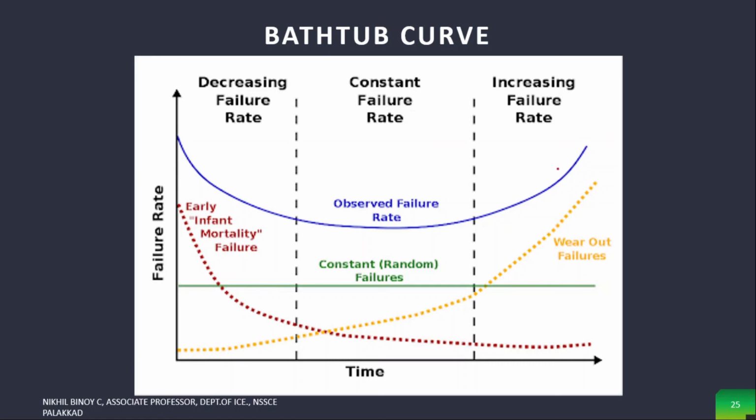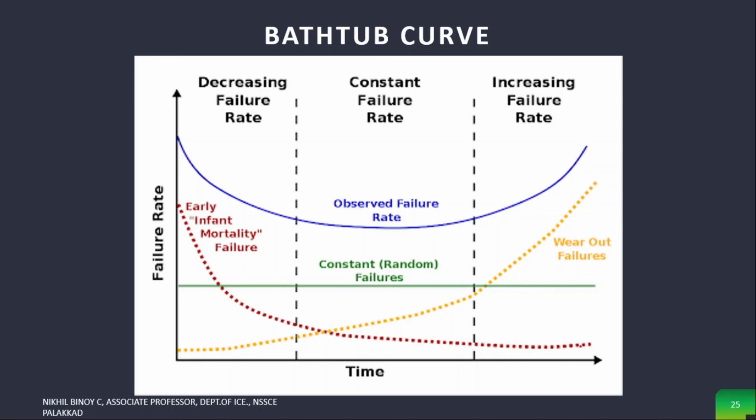That one is split into three. Initially, the decreasing failure rate is more visible. We can represent that using this dotted brown colored one. You can see that it is exponentially decreasing.